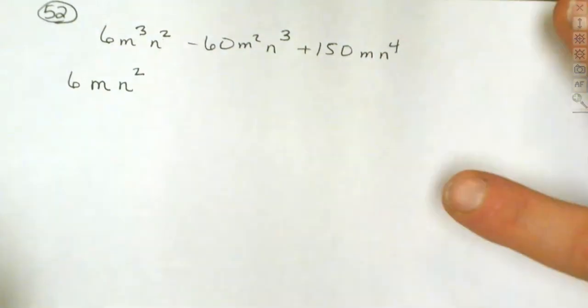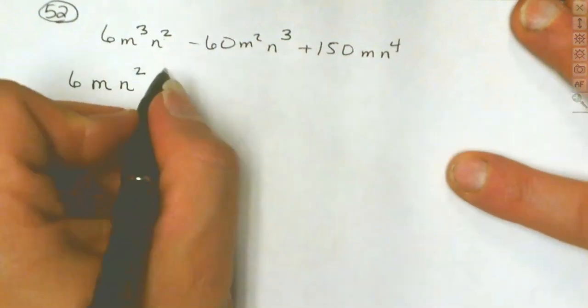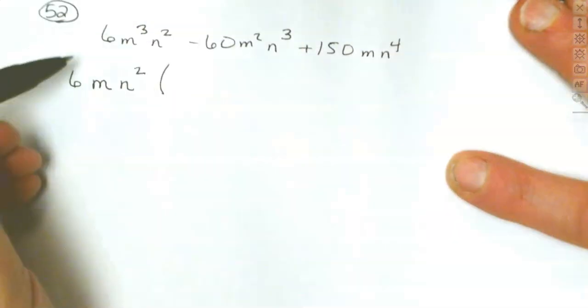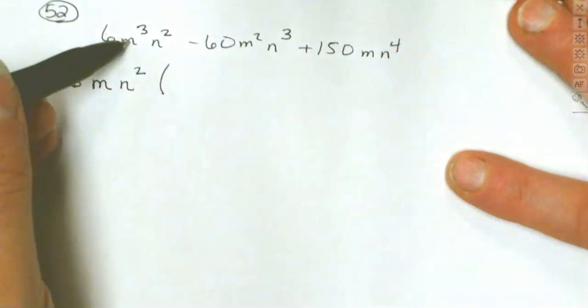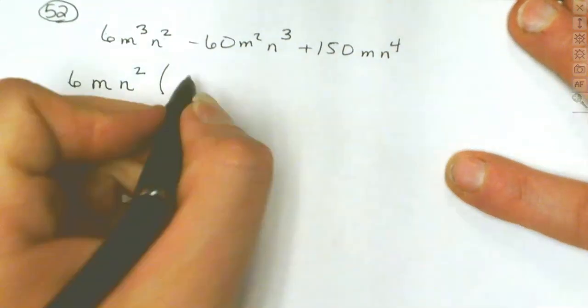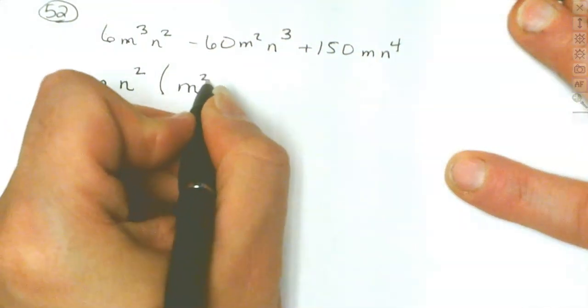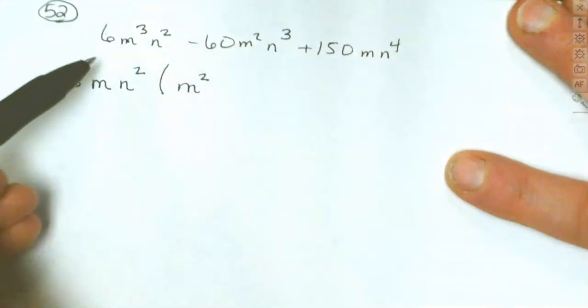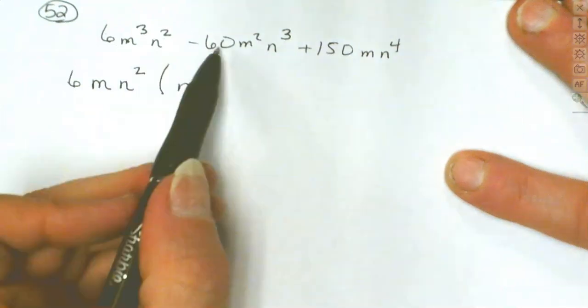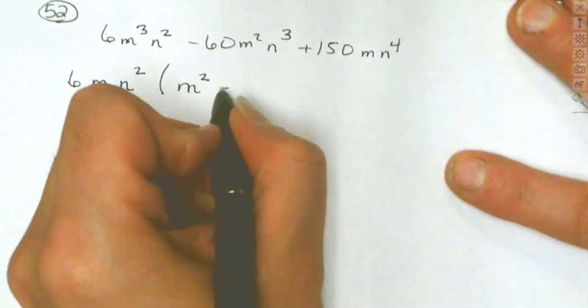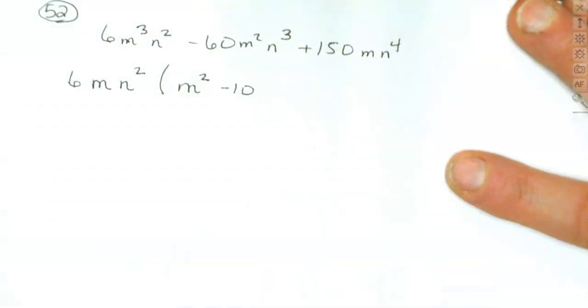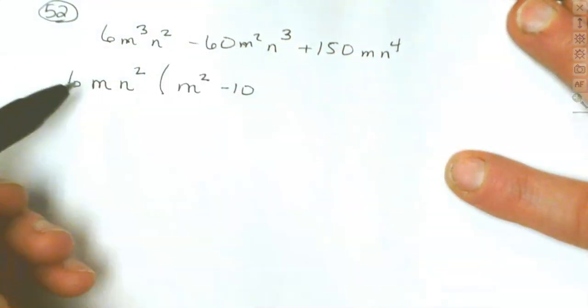Now we can rewrite this. So we factored out a 6. 6 times divided by 6 is gone. That's a 1. M cubed. Take out 1. That leaves you with an m squared. Negative 60 divided by 6 leaves you with a negative 10. M squared. Take out an m.